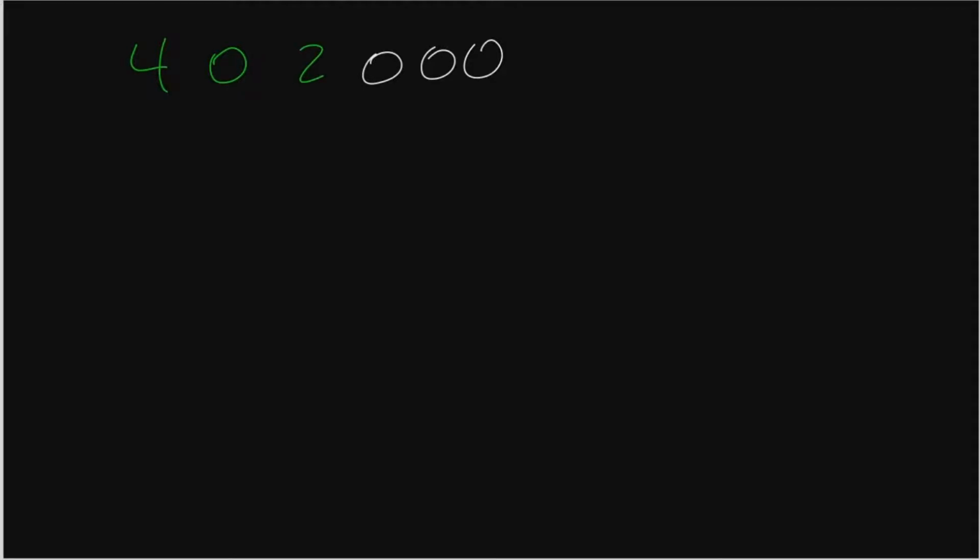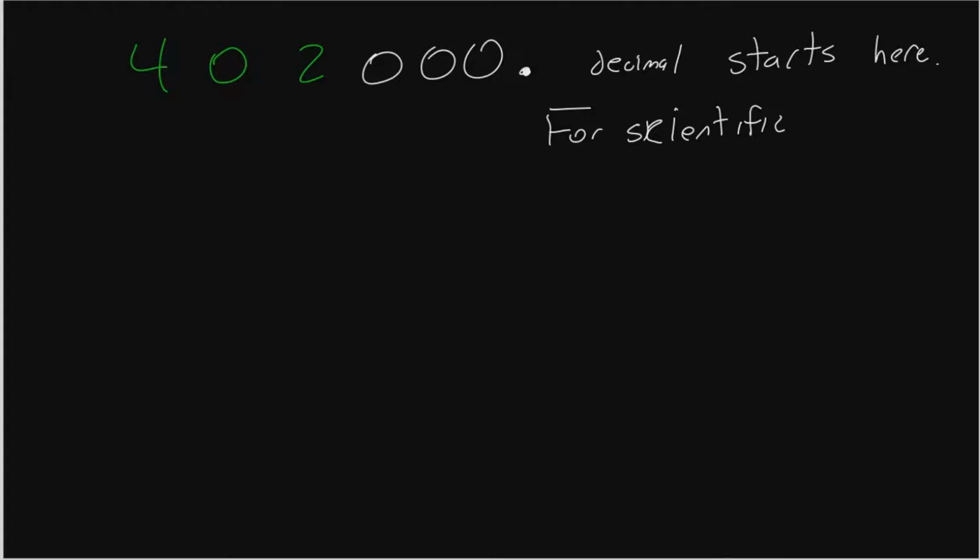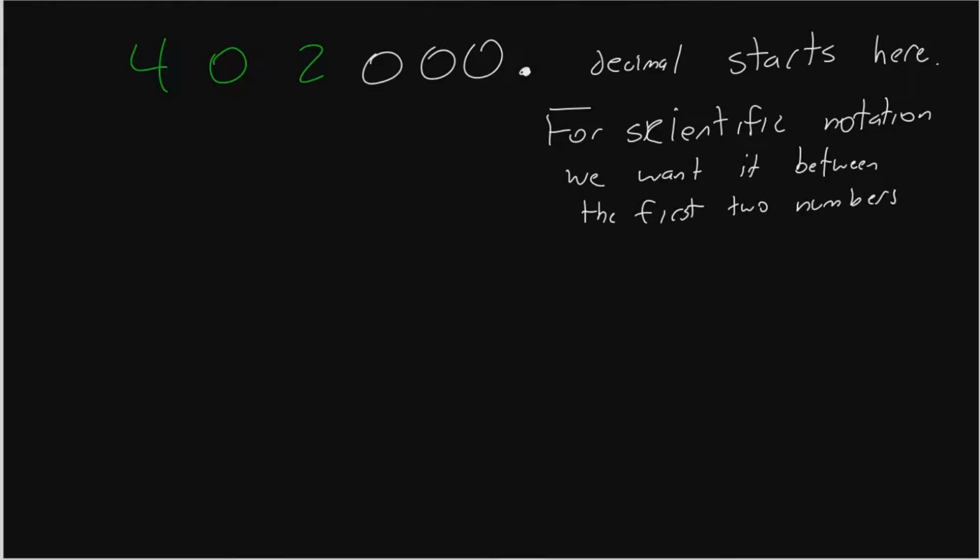Now, when you have a big number, the decimal point starts here, right there on the edge. Now, for scientific notation, we want it to be between the first 2 numbers. And it's always going to be between the first 2 numbers. We're going to place it in between there.